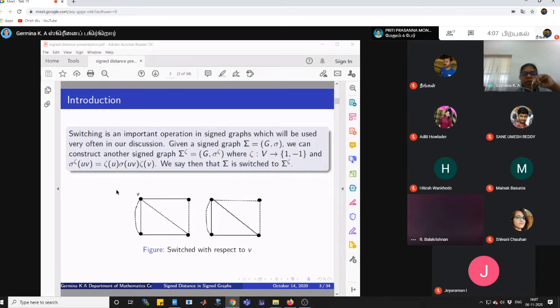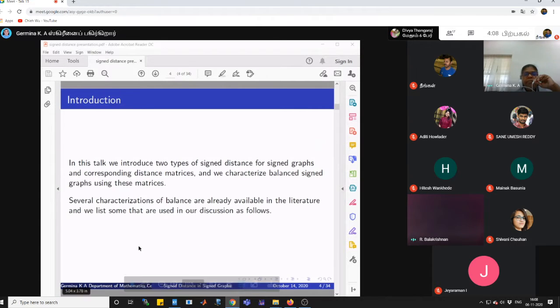Switching is important because almost all the properties are switching invariant. For example, balance is switching invariant. If you have a balanced graph here, the switched graph also is balanced. So that is why switching is important. Whenever you define a new topic in signed graphs, we have to see whether it is switching equivalent to the other. If so, we can say that we are moving in the right direction.